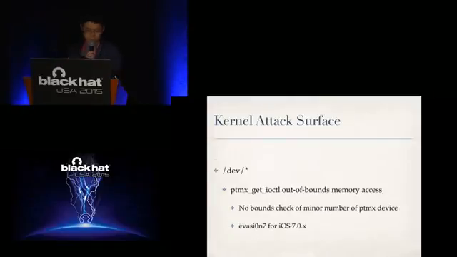Okay, so devices. There are also a lot of attacks on devices, and there's a very famous bug. It was used in Evasi0n 7 for the iOS 7 jailbreak. In the PTMX get I/O control handler function, this handler didn't check the input parameter, which is the minor number of the PTMX device, and that caused an out-of-bounds memory access bug.